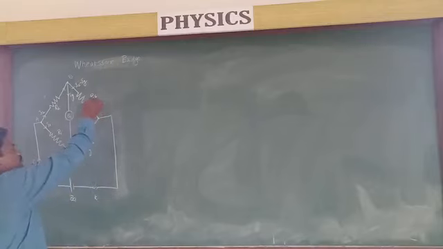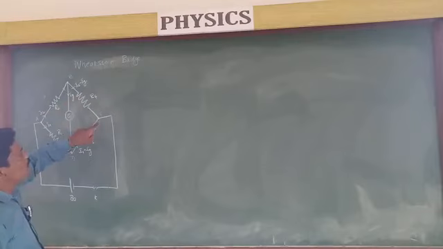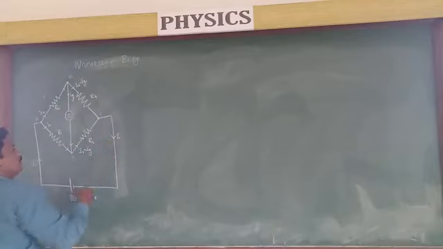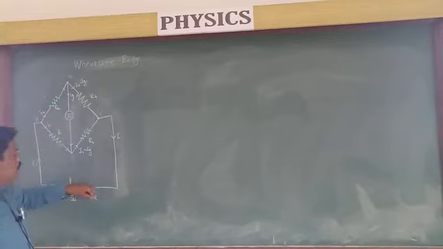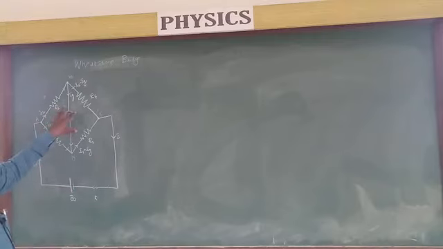So the sum of the currents entering the node is I2 minus Ig plus I1 plus Ig, which means I1 plus I2, again the current I. So the current drawn from the battery is I, and it flows through the different resistances and comes back to the negative terminal of the cell when the plug key is closed. These are some terms you have to remember here.